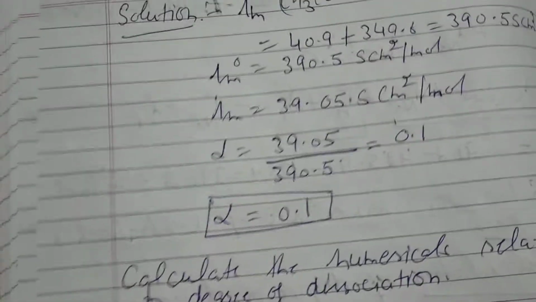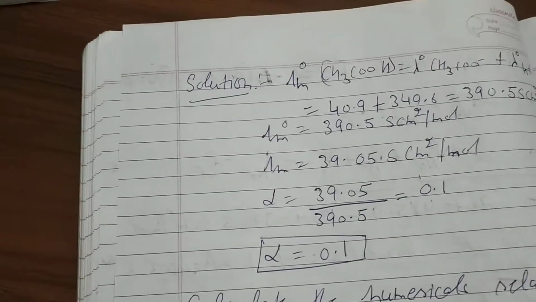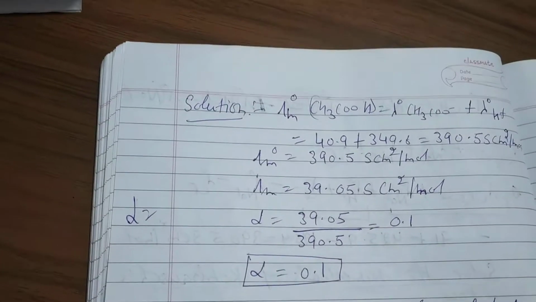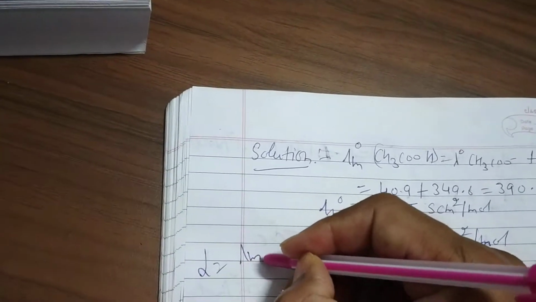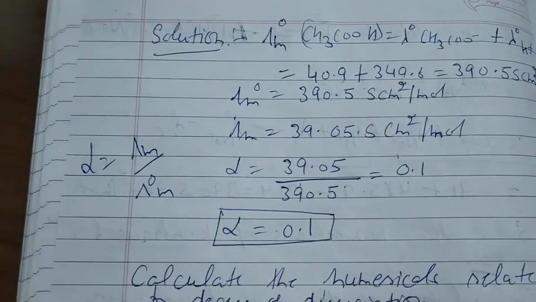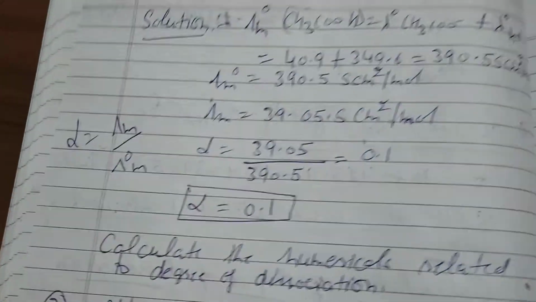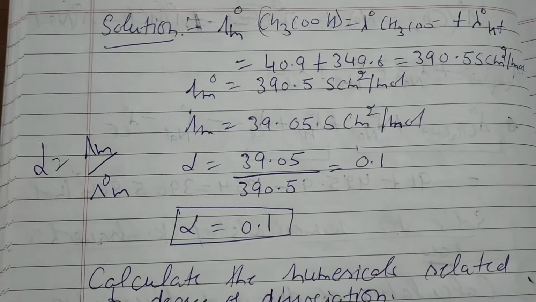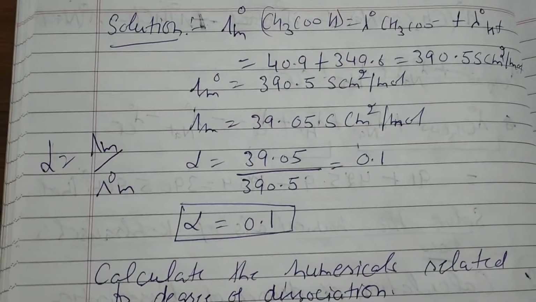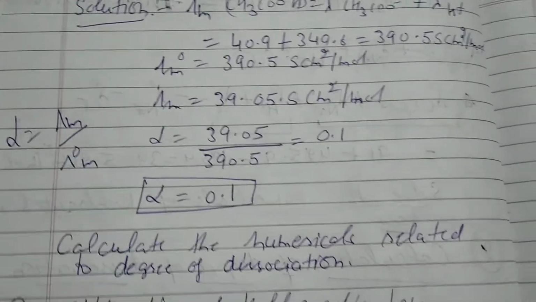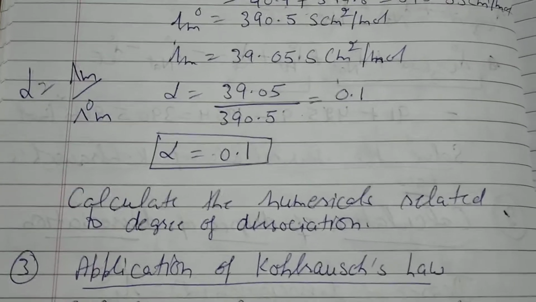So I can write the formula also: alpha is equal to cap M divided by cap M naught, sorry, I always get confused with this. Cap M is the molar conductivity at any concentration, and cap M naught is the molar conductivity at infinite dilution. The value of alpha will come 0.1.